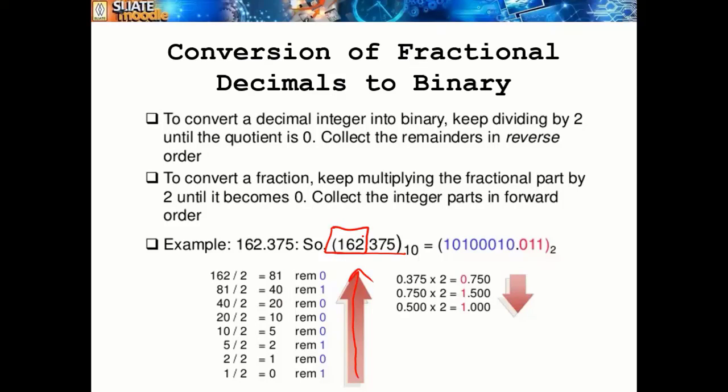For the decimal or fractional part, you multiply it by 2 and take it from top to bottom.